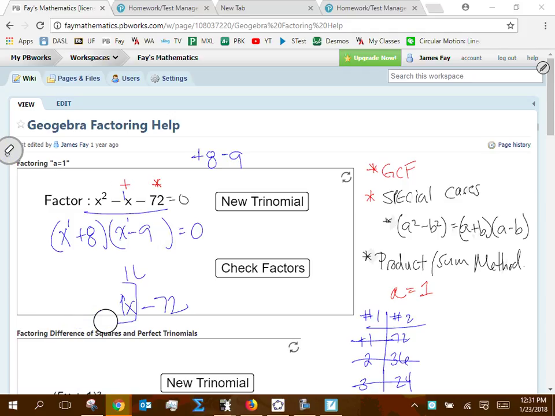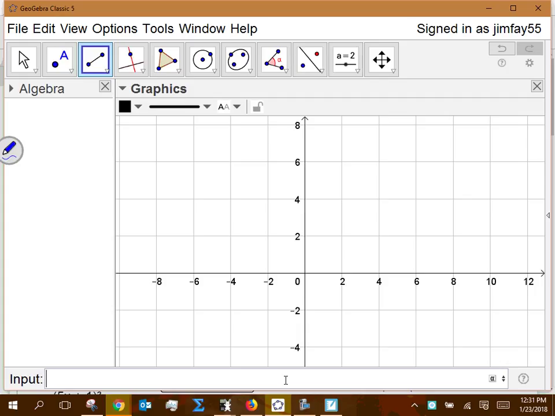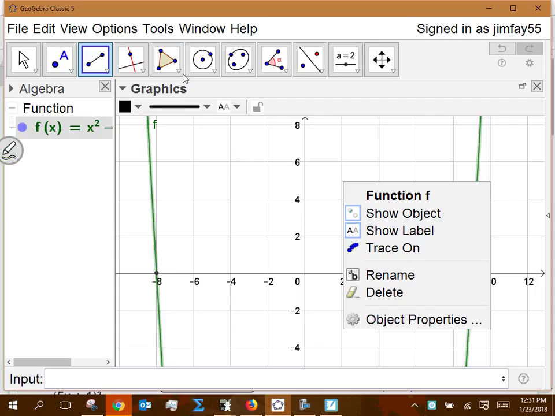So does it make sense that I know that this thing here is exactly the same thing as that? Okay. Maybe to give you a visual, when we deal with algebraic, you guys remember what x squared's graph is going to look like? You remember seeing parabolas last year? If I go x squared minus x minus 72, I get a parabola that looks like that. I'm going to change the scale here real quick.